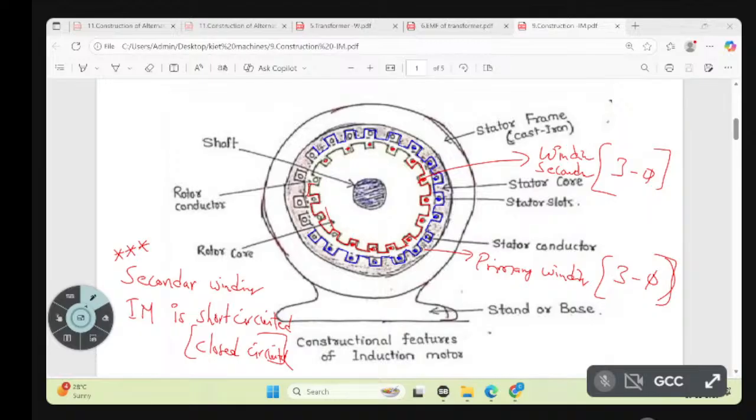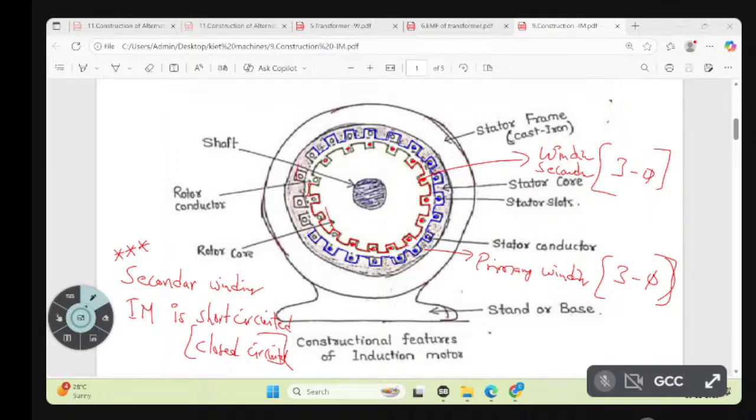Rotating magnetic field, మళ్ళీ తెలుగులో చెప్తాను. AC supply apply చేస్తాం, 3 phase apply చేస్తాం. So because of 3 phase what happens? Rotating magnetic field ఏర్పడుతుంది ఇక్కడ స్టేటర్ లో, ఫీల్డ్ ఇలా తిరుగుతుంది. So that rotating magnetic field interacts with or cuts the rotor conductors.